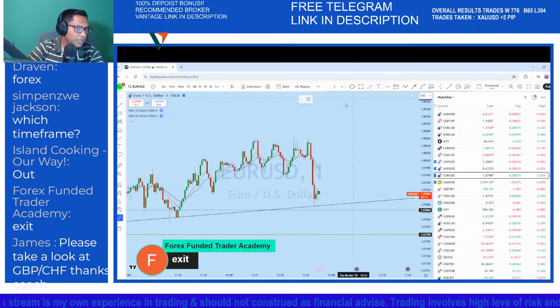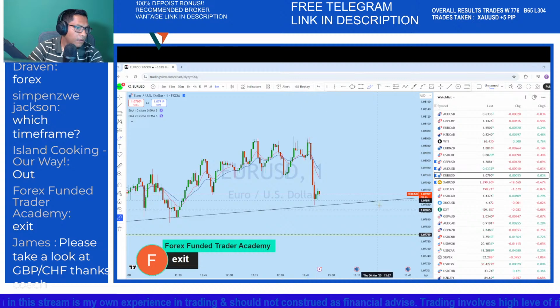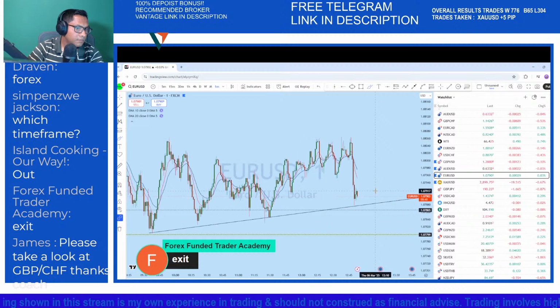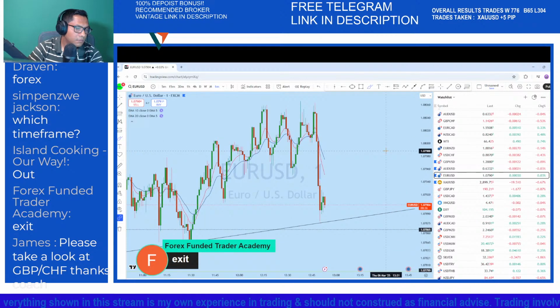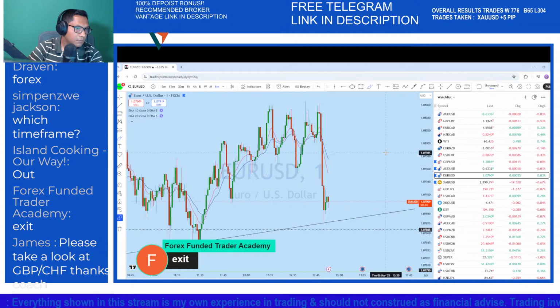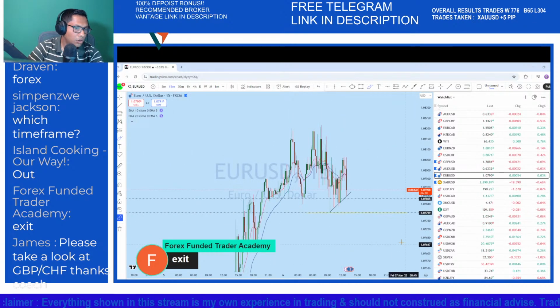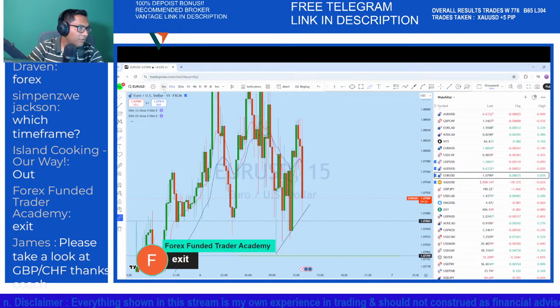Okay, so with this a break here, would like to see that the market is trending. So EURUSD, you can see that a complete breakdown to the support level.